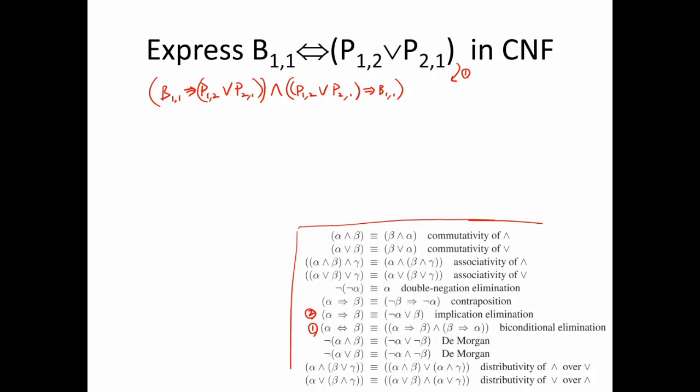So alpha in the first term is B11, so we just negate that: not B11, and then OR P12 or P21. Okay. And we do the same in the second case: not (P12 or P21) or B11.